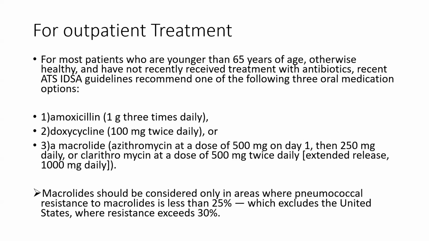If we are planning to treat the patient on an outpatient basis, and the patient is young without any comorbidities and not immunocompromised, then we can start with simple amoxicillin, 1 gram three times daily, or discharge him with doxycycline, 100 mg, or a macrolide in the form of azithromycin 500 mg on day one, then 250 mg daily. We can also use clarithromycin 500 mg twice daily, or extended release clarithromycin, 1,000 mg.